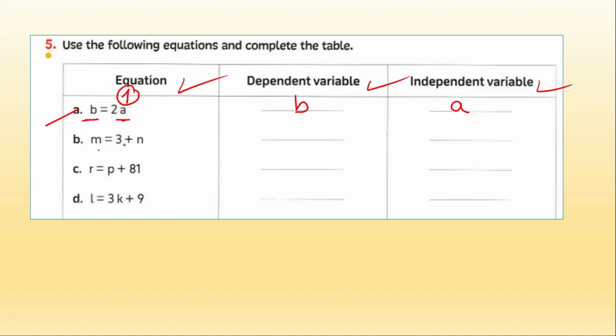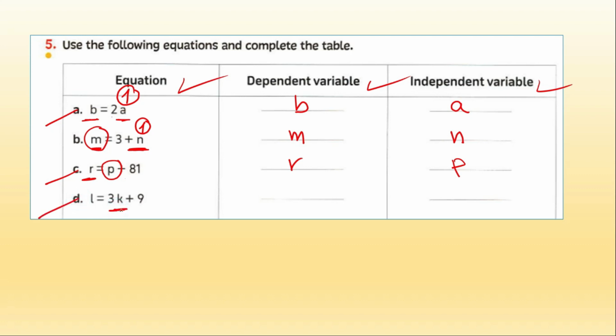M equals 3 plus N. علشان نعرف M لازم at the first you have to find the value of N. لازم الأول نعرف value of N. يبقى ال N هي الأول تبقى ال N هي ايه؟ ال independent. اوكي وال M equals هي ال dependent. اوكي next one R equals P plus 81. أكيد محتاجين نعرف P at the first يبقى ال P independent عشان بعد كده نقدر نعرف R. آخر واحدة L equals 3K plus 9.